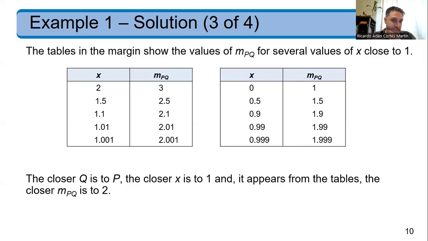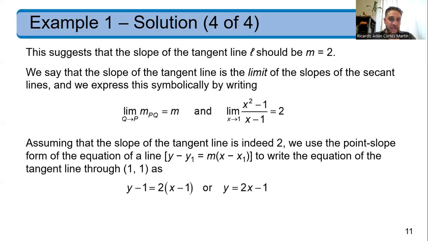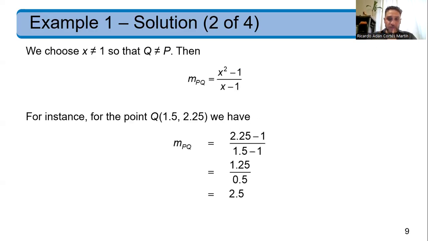But why don't we use the x value of 1? What is going to be the problem there? If we use the value of x equal to 1, both points are going to be the same point. So when you do this calculation for the slope, what are you going to get? You're going to get 1 minus 1 equals 0, and 1 minus 1 equals 0.